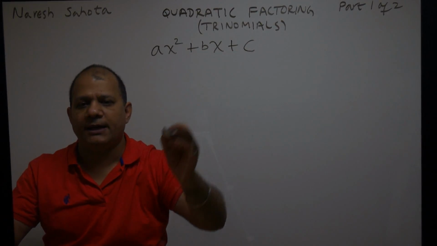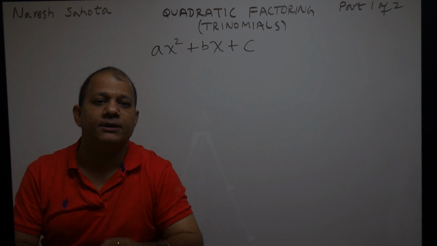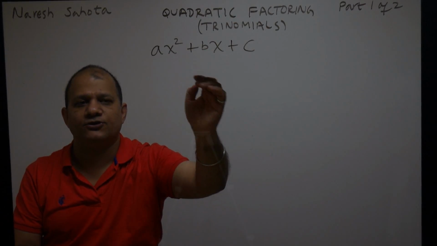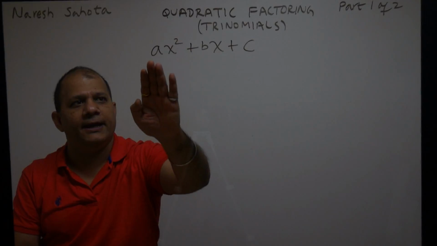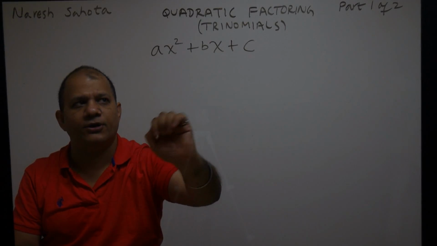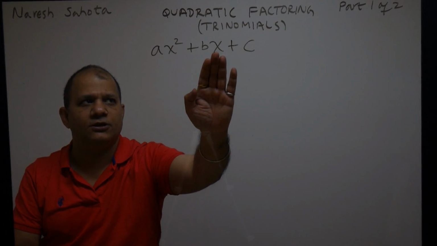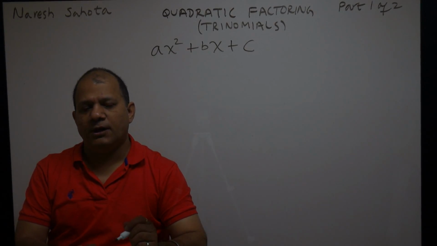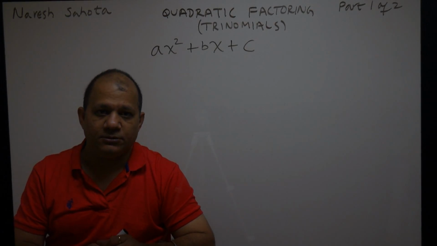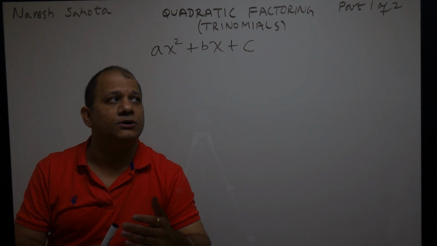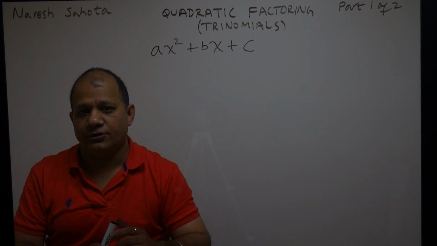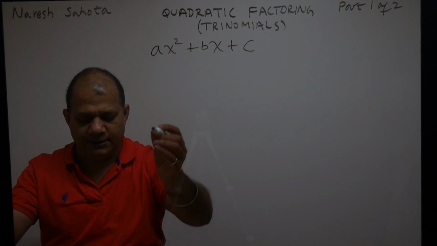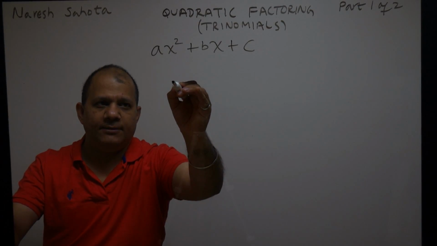This is the format of the quadratic trinomial: x squared term, x term, and then the constant. a is the coefficient of the x squared term, b is the coefficient of the x term, and c is the last term. I'm going to do 4 examples where we're going to learn how to factor trinomials. So let's look at the first one, example 1.